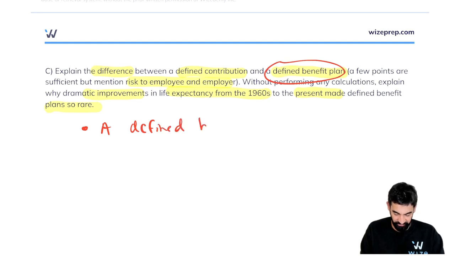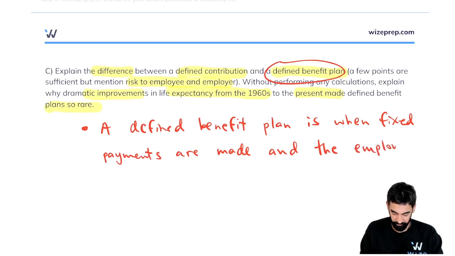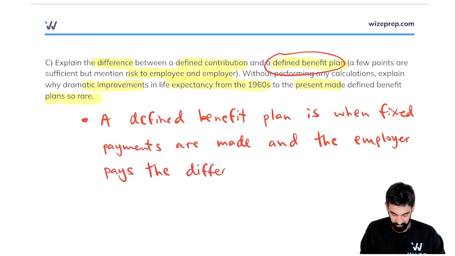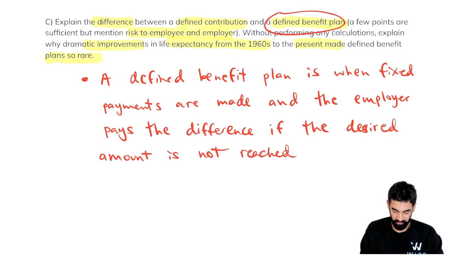A defined benefit plan is when fixed payments are made and the employer pays the difference if the desired amount is not reached by retirement.